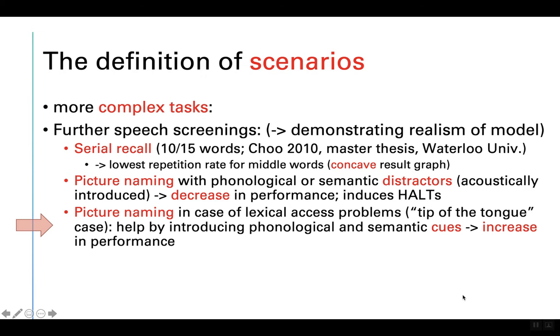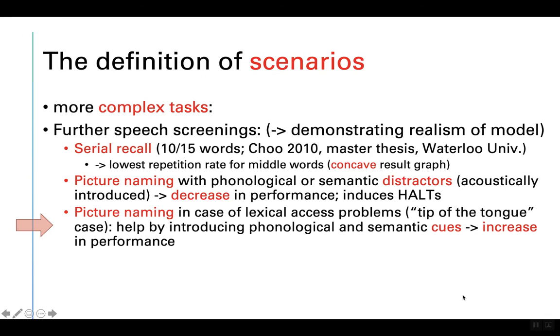It is picture naming again, but in this case, we include a disorder. The model has problems with lexical access. In most cases in this picture naming task, the model feels to have the word on the tip of the tongue, but has problems to find the correct lexeme and to produce it.